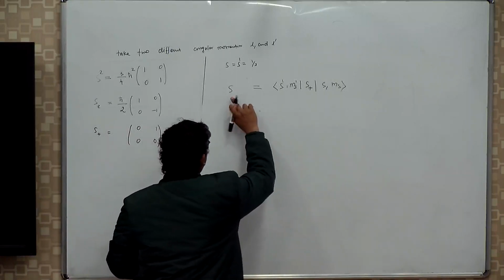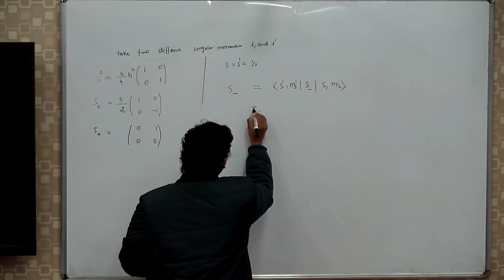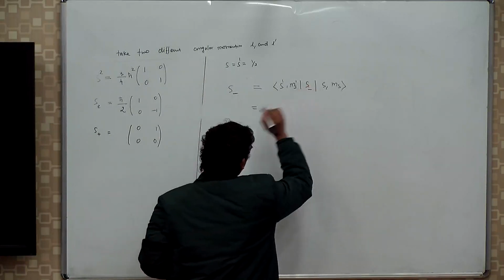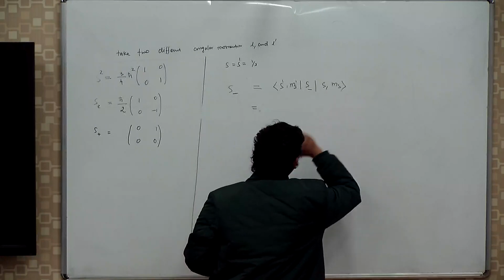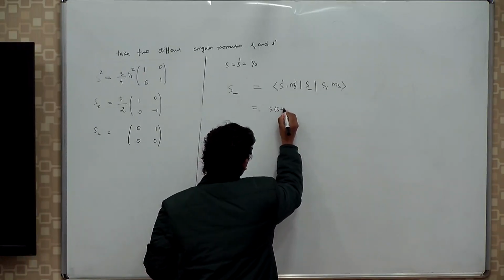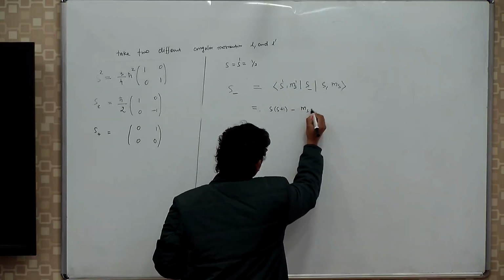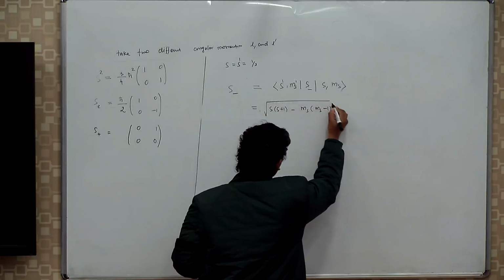And the S minus operator will give you the eigenvalue: S minus acts on the eigenstate S comma ms, which is nothing but square root of S into S plus 1 minus ms into ms minus 1, times h cross.